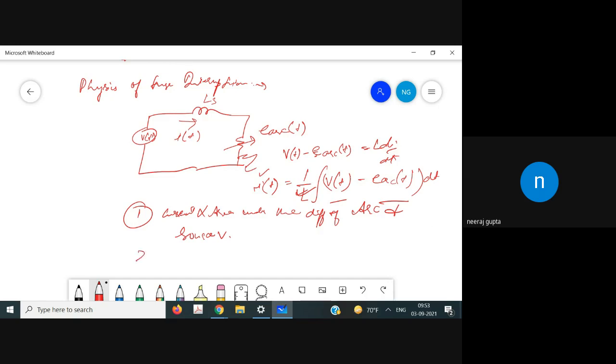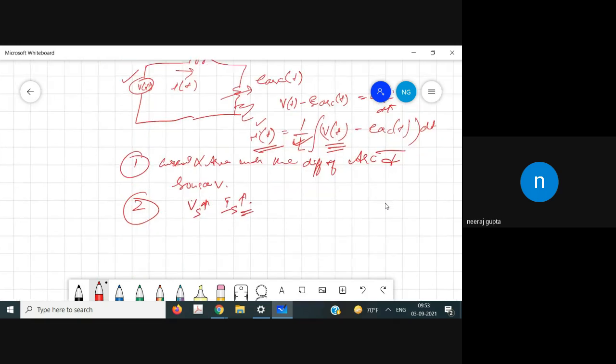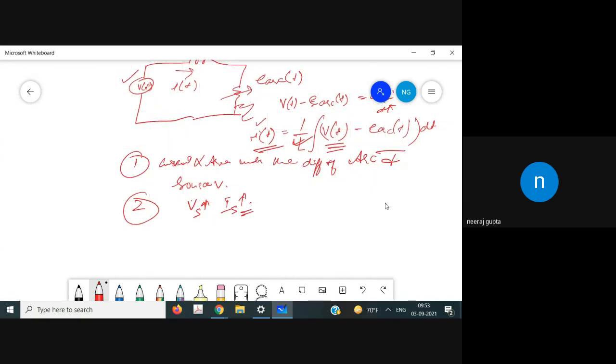Now, second observation from this equation is that the greater the source voltage, the greater the current, and it will adversely affect the interruption of the current. And the lower the inductance, the higher the fault current, which is obvious from that.